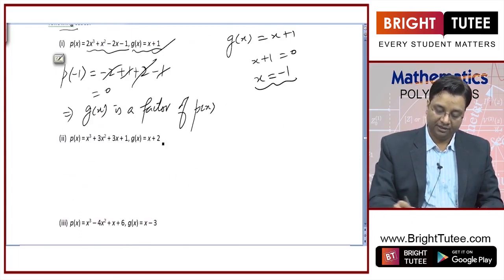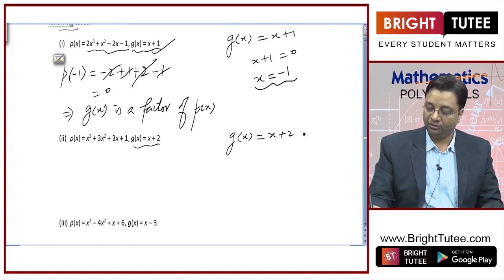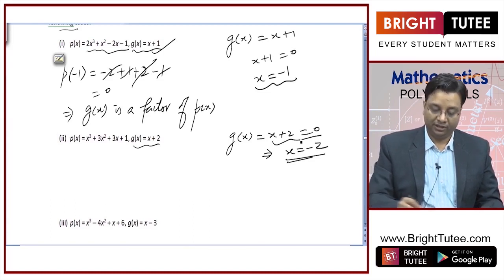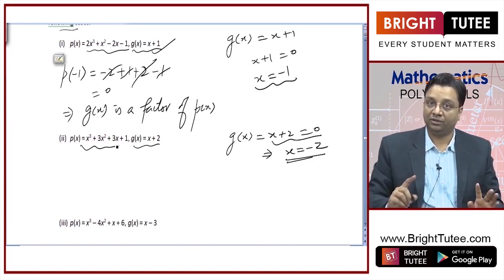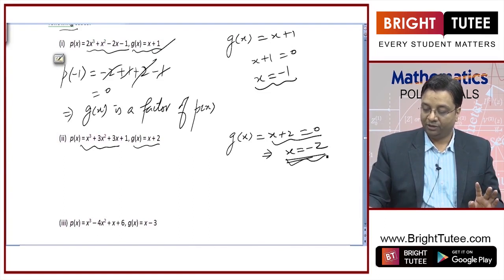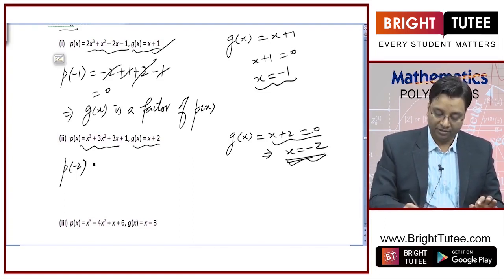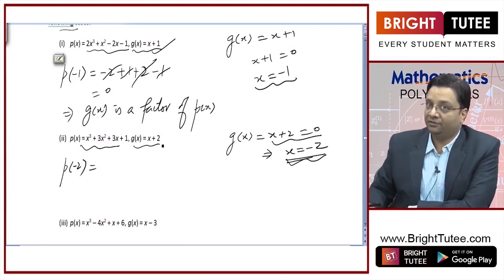In this, g of x is x plus 2. When g of x or x plus 2 is equal to 0, it means x should be equal to minus 2, and if this factor is 0, the entire expression should become 0 if it is a factor. So if I put x equal to minus 2 in this and it becomes 0, then we will say this is a factor, otherwise it is not.